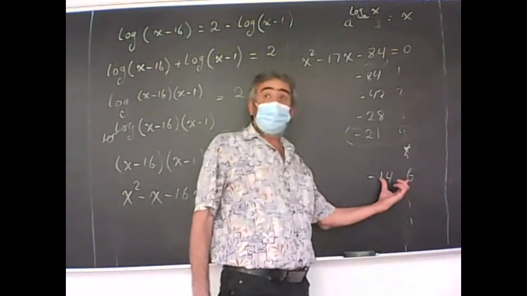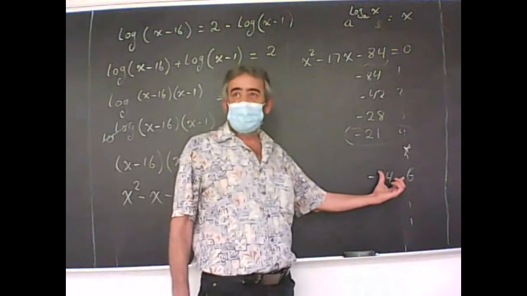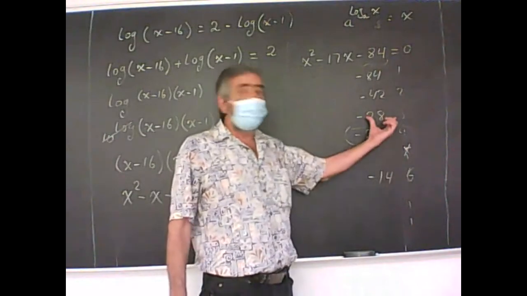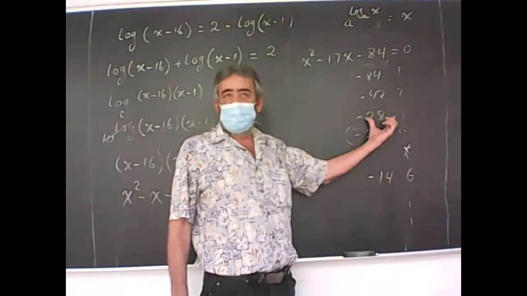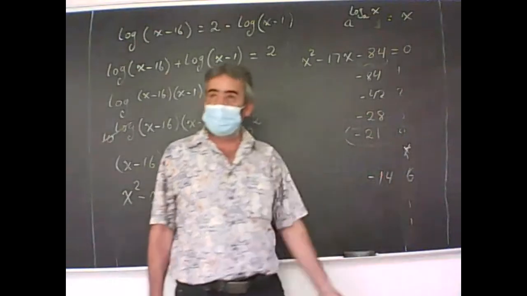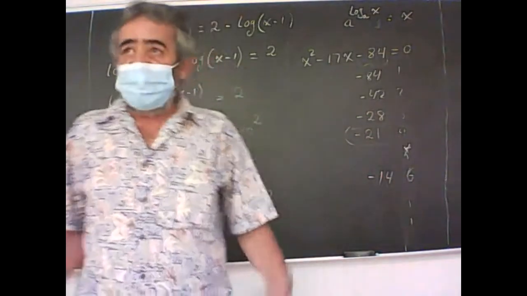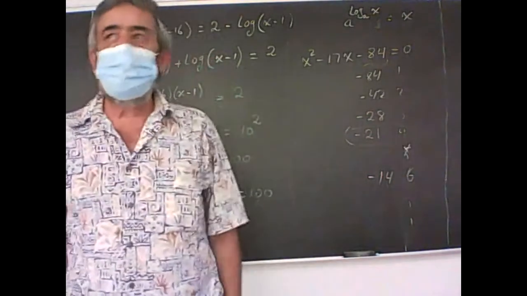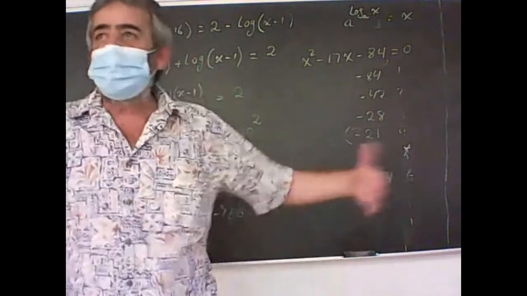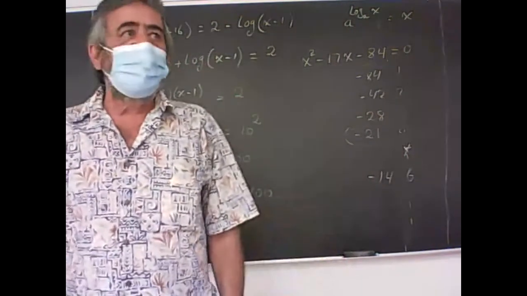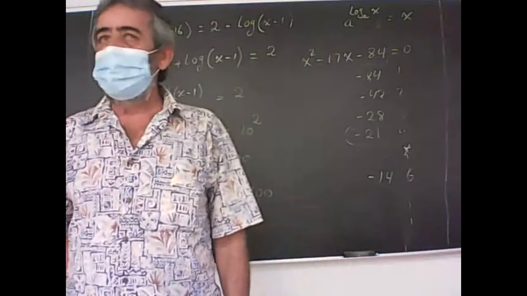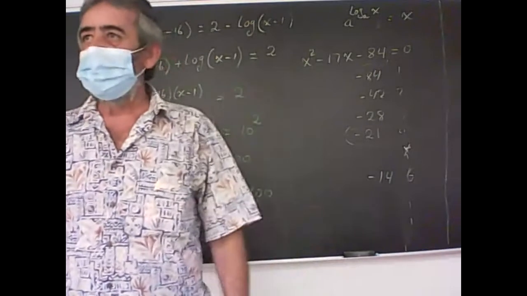But notice here we went below 17. On the previous one, we were above 17. This one took me below 17, and if there is nothing between them, I stop right there.